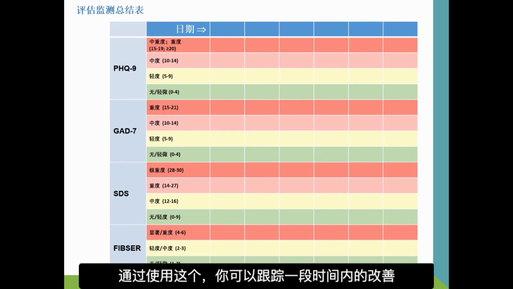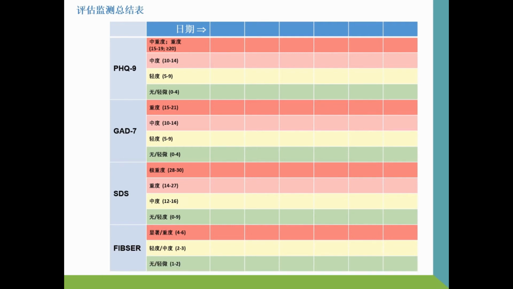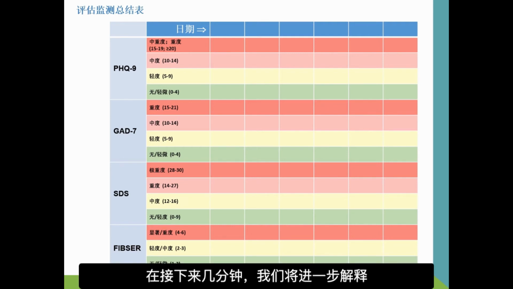And by using this, you can track improvement over time. Hopefully you'll see patients improve going from the red, higher categories down towards the green, which is really the remission areas or no impairment, no side effects areas for these particular scales. And we'll illustrate how this is used in the next few minutes.